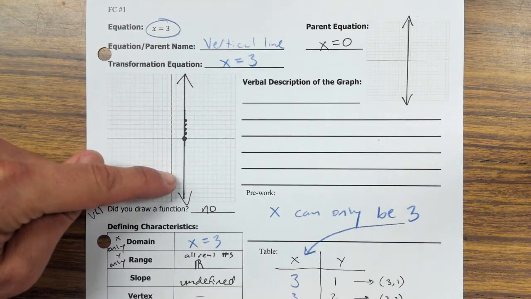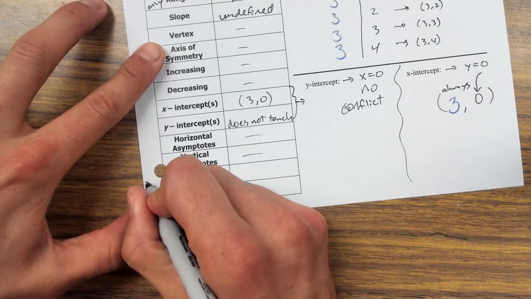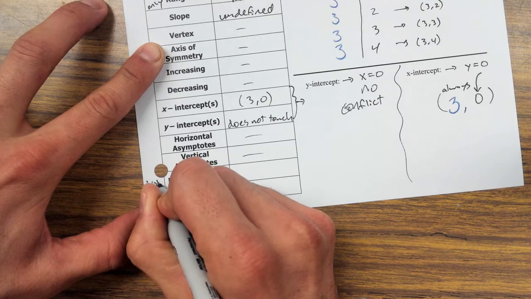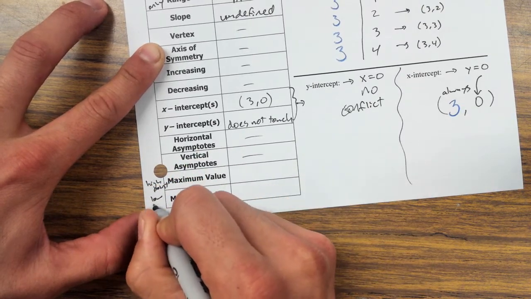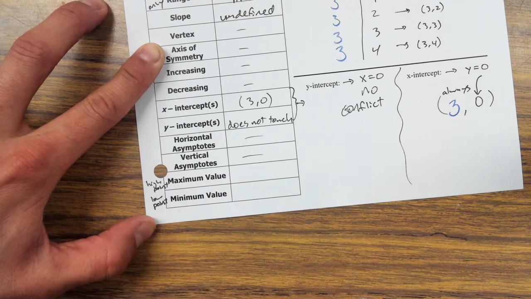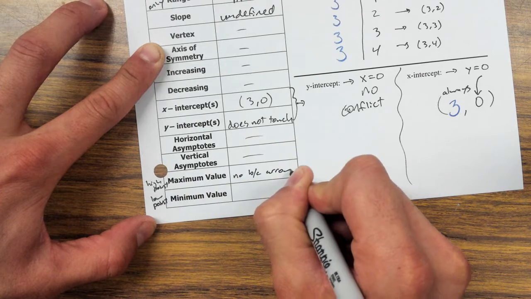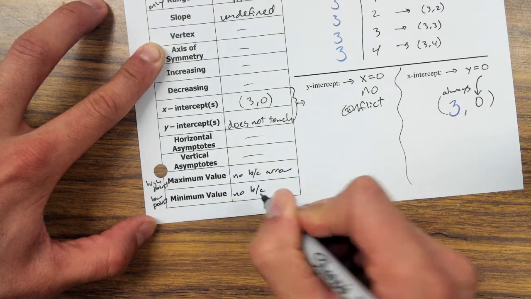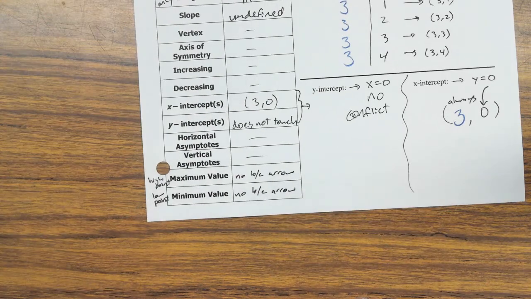No. Does it have a low point? No, it does not. So max value is, does it have a high point? And min value is, does it have a low point? And the answer is no, because of the arrow for both of them. It never has a high point or a low point because the arrow keeps forcing the picture to go up and up or down and down.